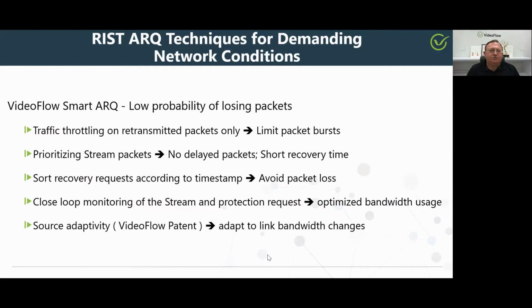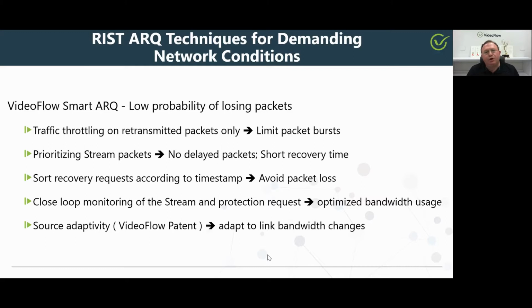This is where VideoFlow Smart ARQ comes into play. VideoFlow does close monitoring of the link budget and the retransmission requests. Stream packets are prioritized for transmission, while the retransmitted packets are first sorted out based on their timestamp.